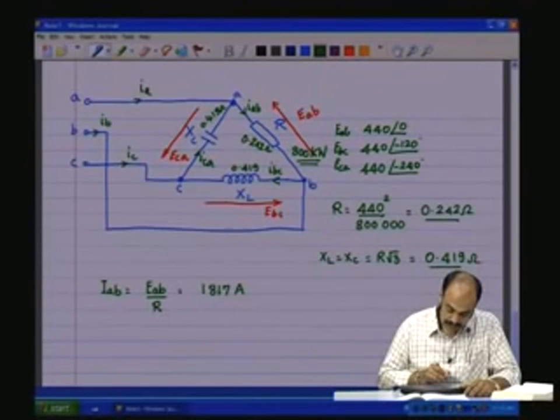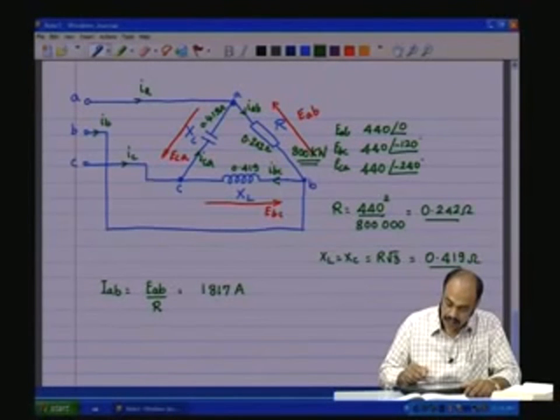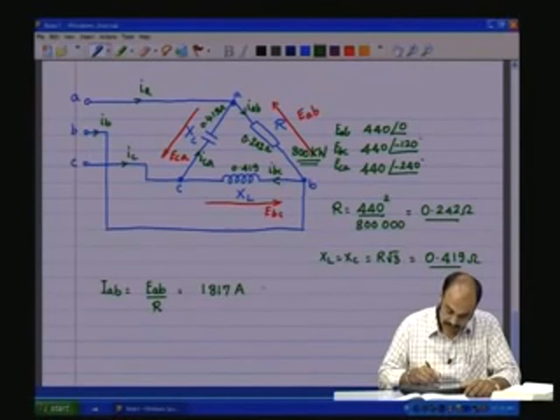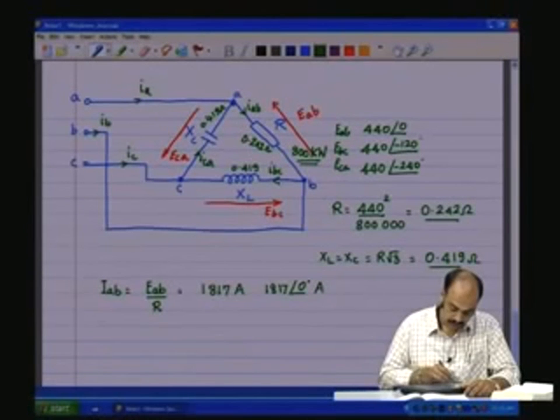So, this is 440 volts at an angle of 0 divided by R, which is 0.242, will give you so much amps, that is 1817 amps at an angle of 0 degrees.